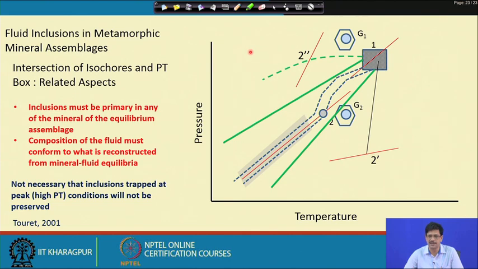For example, if it is interpreted to be a fluid which was a part of the reaction of this mineral assemblage, where the fluid has definitely been entrapped as inclusion in these minerals which grew.